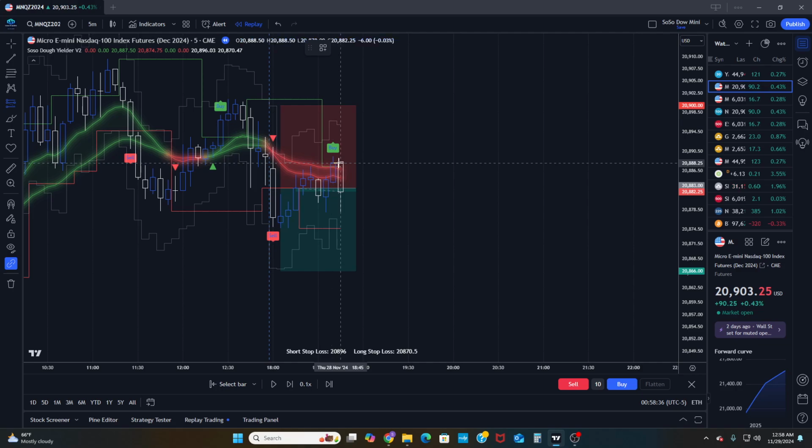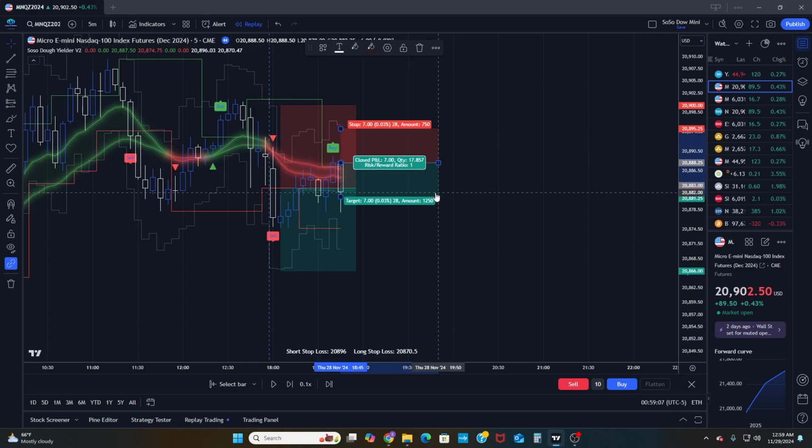What we would do on a B trade, as outlined in the documents, is enter at the close of this candle, making it a valid entry. The closing price of this candle is 20,888.25. Of course, you may not get that exact price. What is more important is where you place your stop loss.